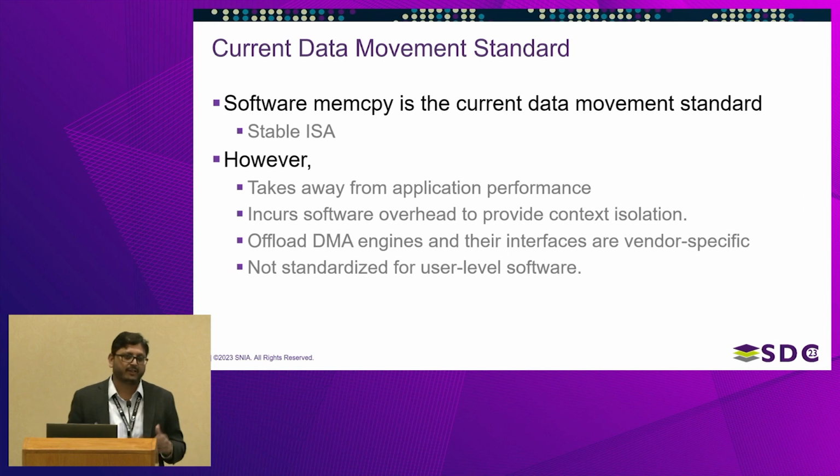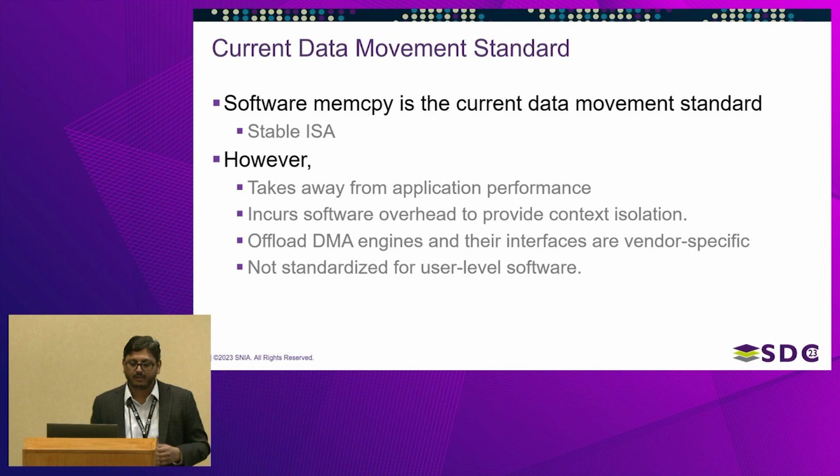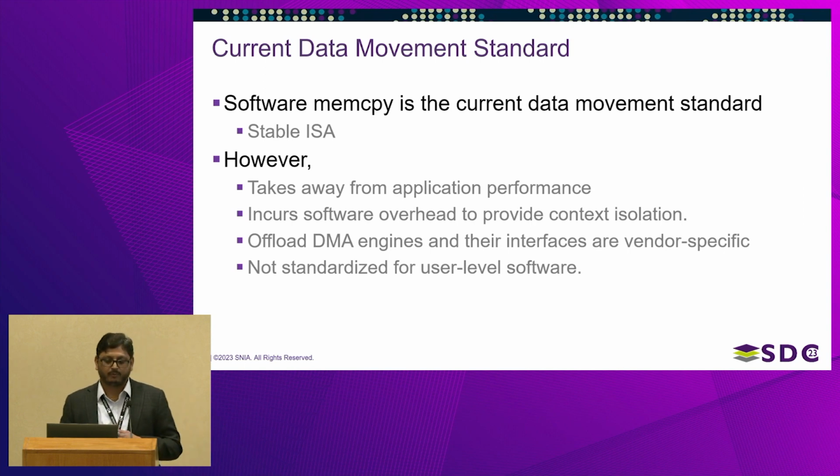It doesn't matter if you're x86, ARM, or any kind of processor family. A memcopy has been very stable. But if you're spending all your time moving the data, and that's not what a compute may want to do all the time, you're taking away from the application performance by using memcopies just for doing the data movement.